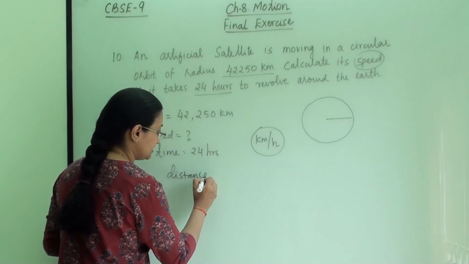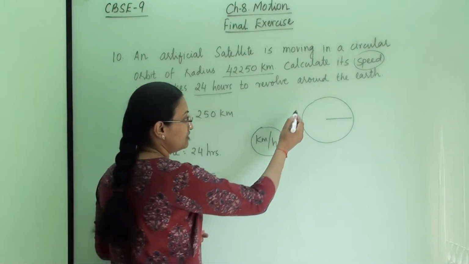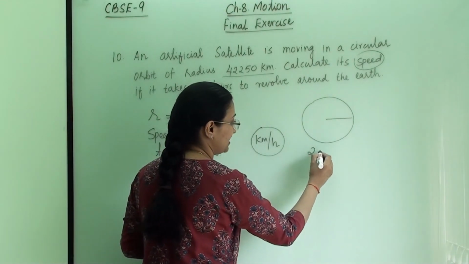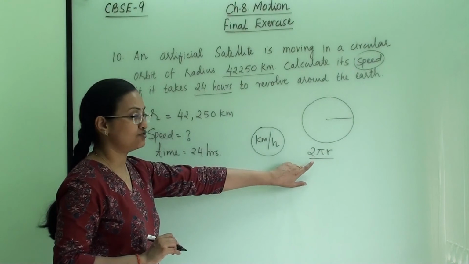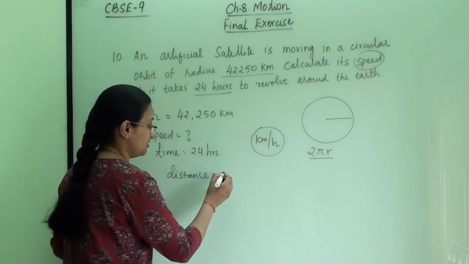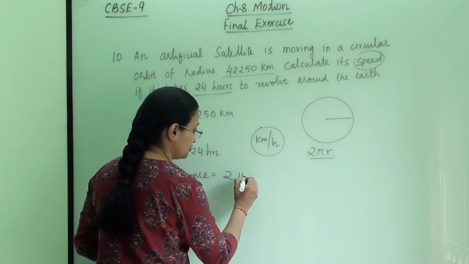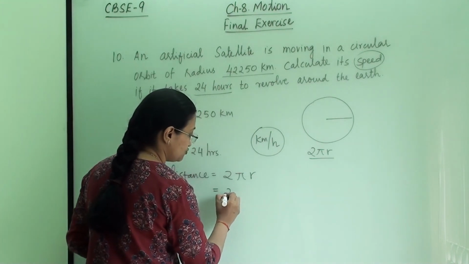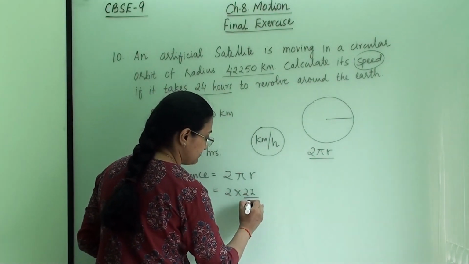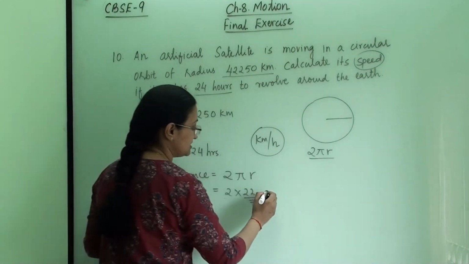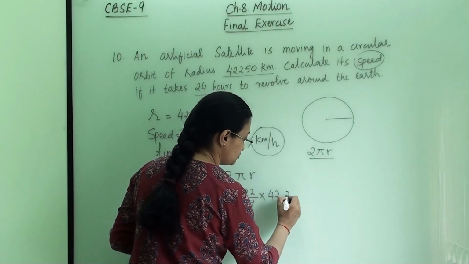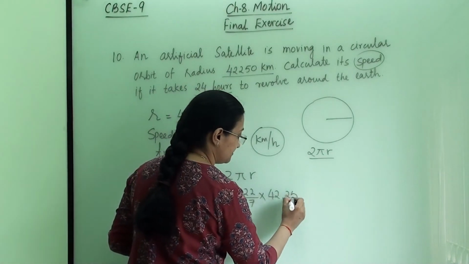So how to find out the distance? Because this path is circular. Whenever the path is circular, we find the distance with the circumference of the circle, that is 2 pi r. So let us find the distance with the 2 pi r formula. 2 into 22 by 7, and then we multiply by the radius, 42,250.